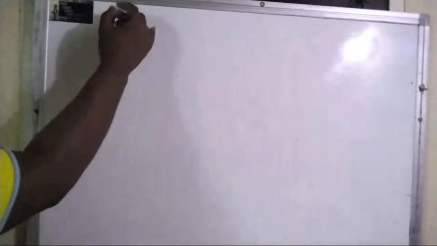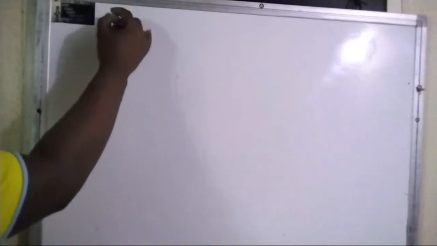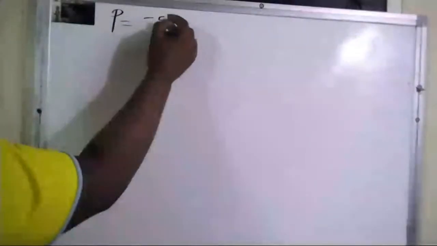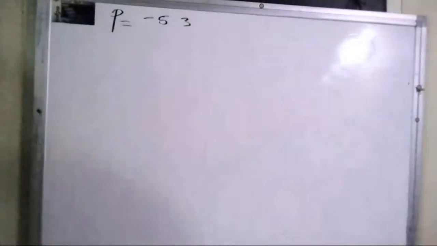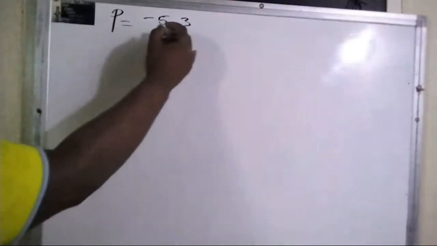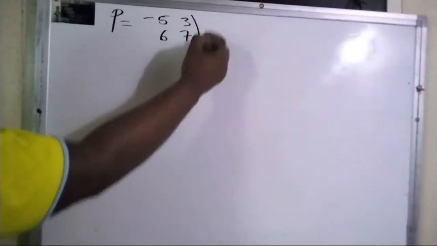So P is equal to negative 5, 3, 6, and 7.